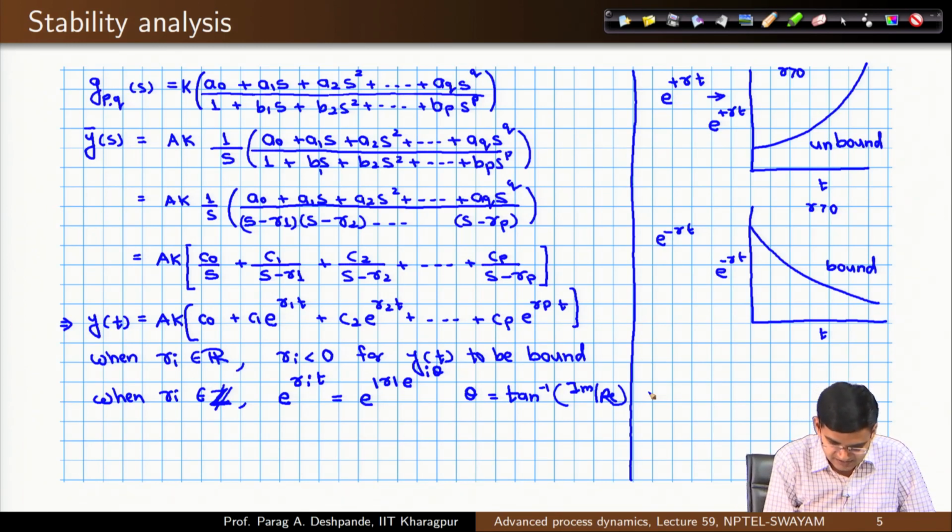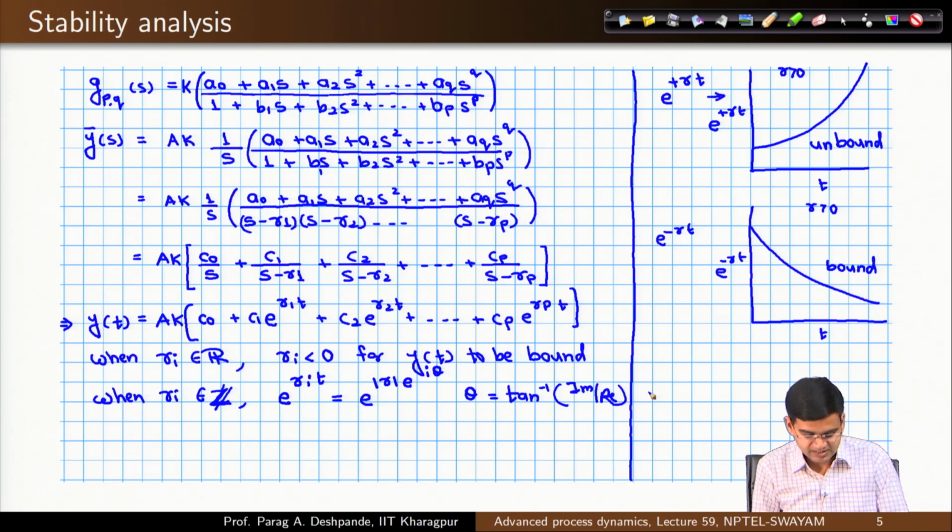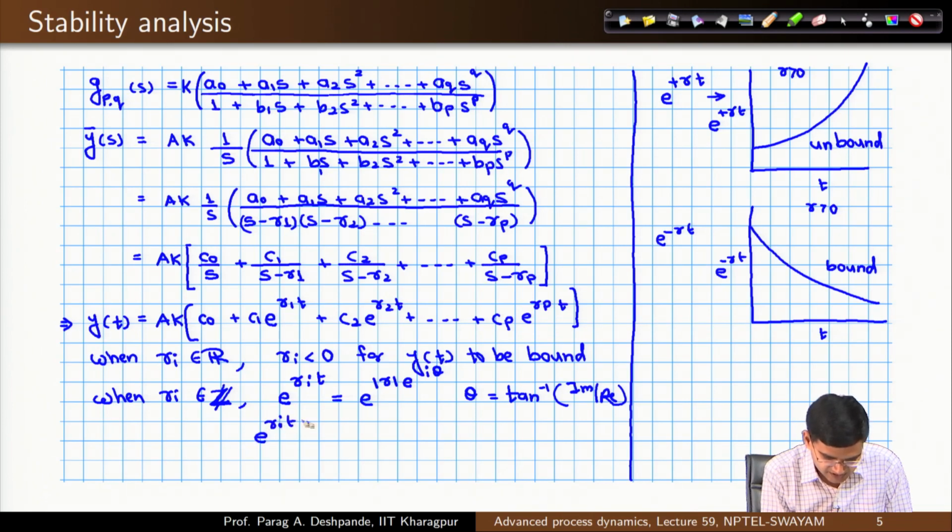Even before this happens, what I can do is I can simply write e to the power r t is equal to e to the power z 1 plus I z 2 times t.